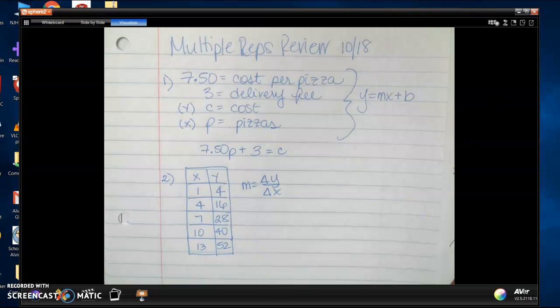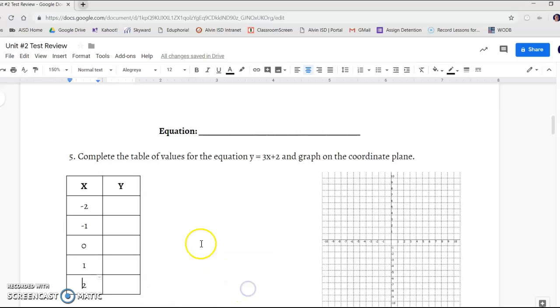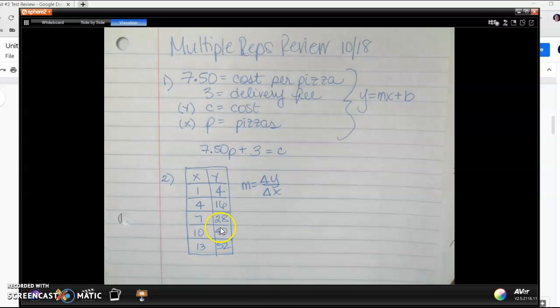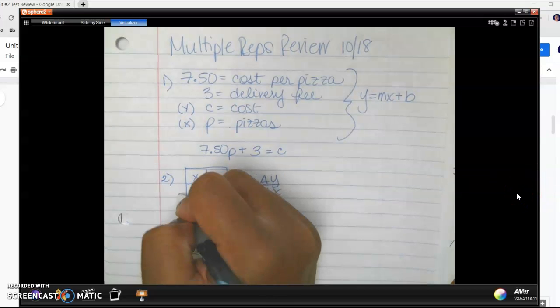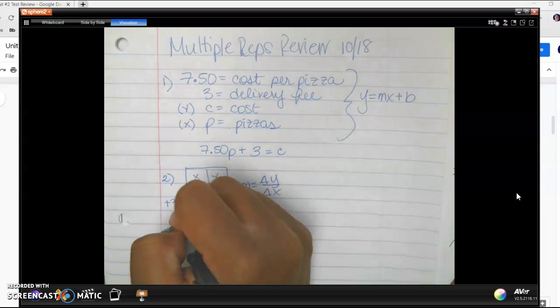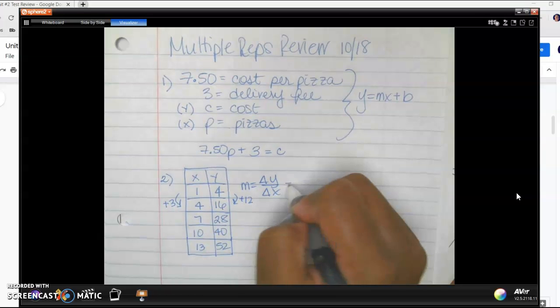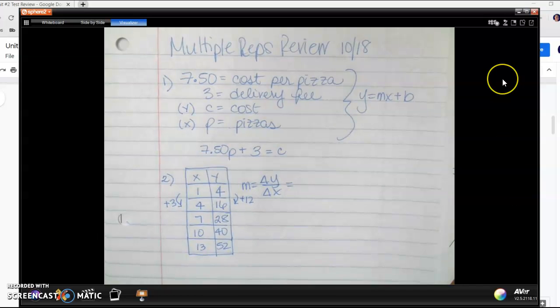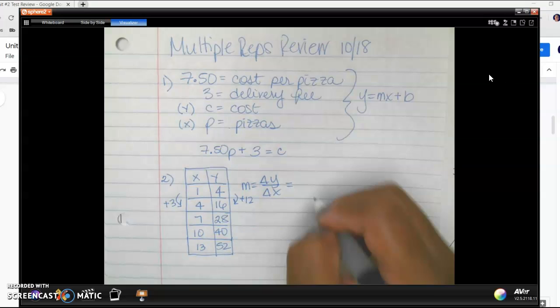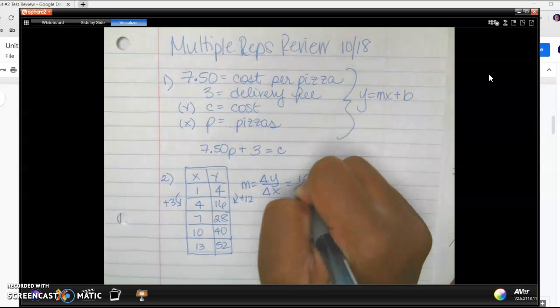How is X changing? X is plus 3. And Y is plus 12. So how would I put that in my fraction here? 12 over 3.